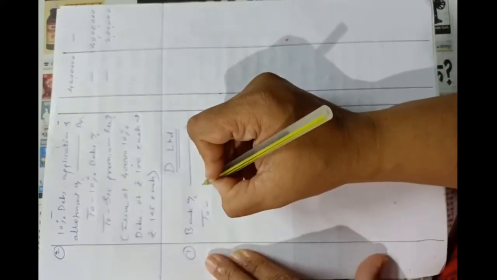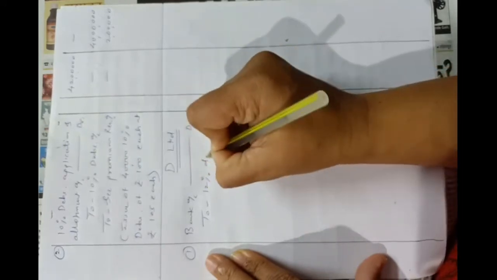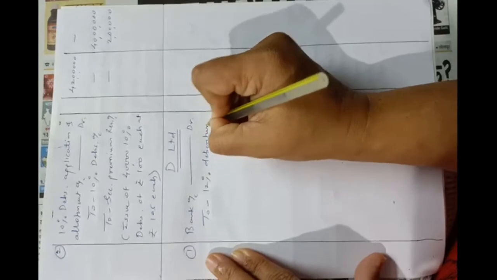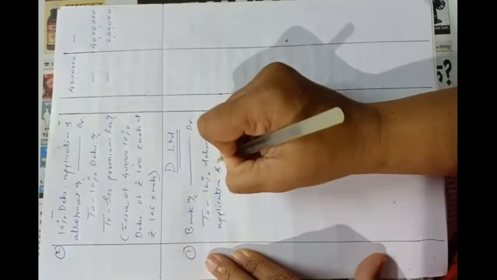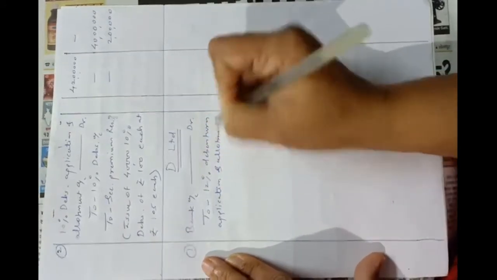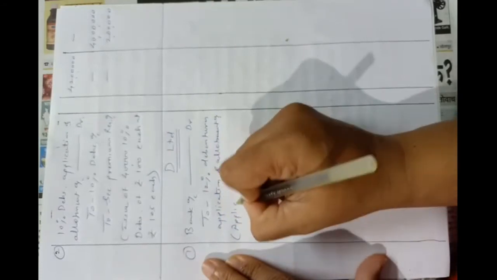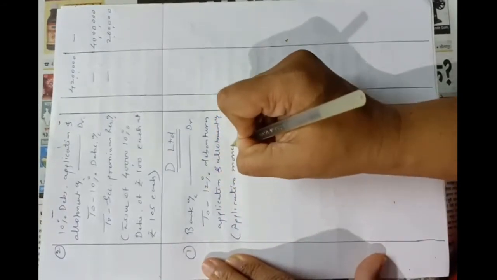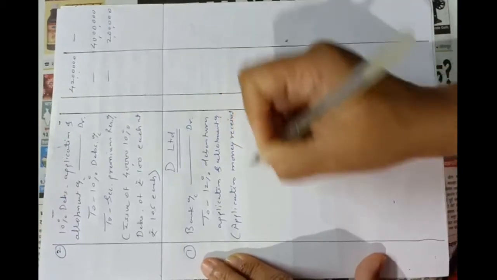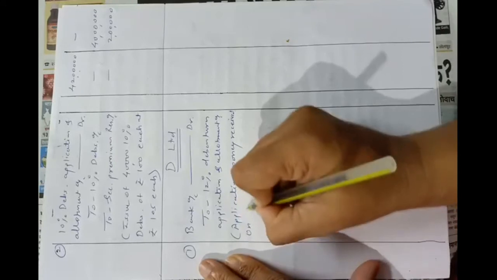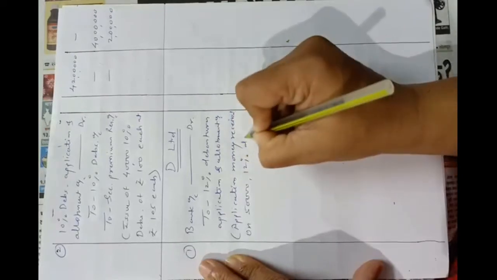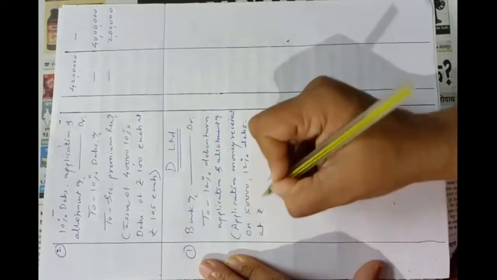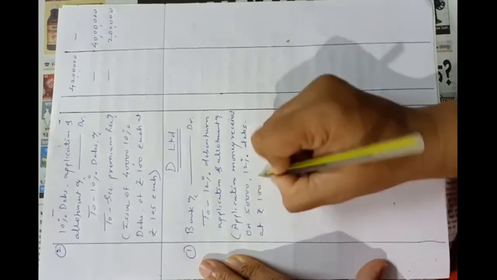To 12% debentures, 12% it is. Application money received on 50,000 12% debentures at rupees 100 each, because they are issued at par.